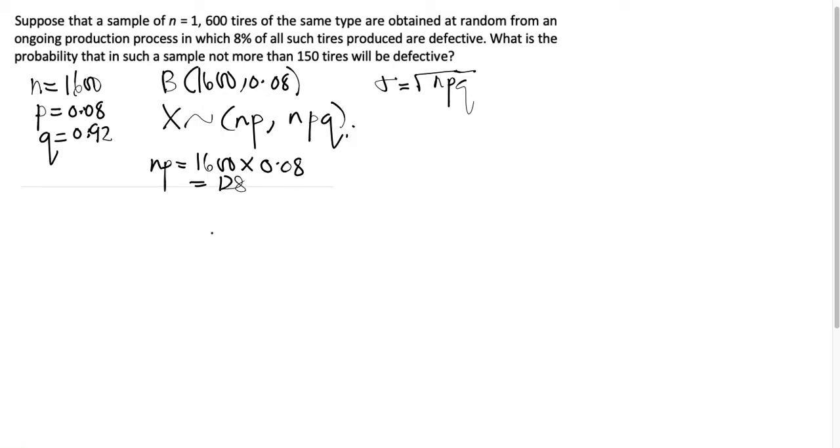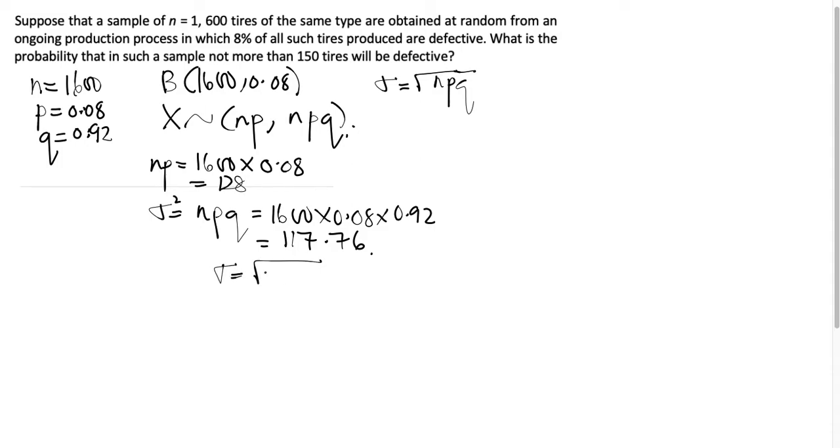So mu is 128, and then the variance equals npq, which is 1600 times 0.08 times 0.92, and the answer is 117.76. Therefore, the standard deviation equals the square root of 117.76.